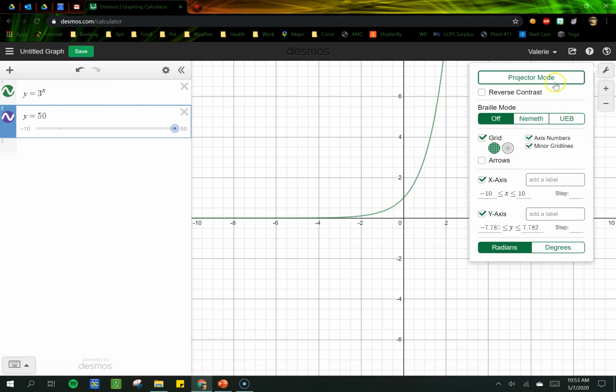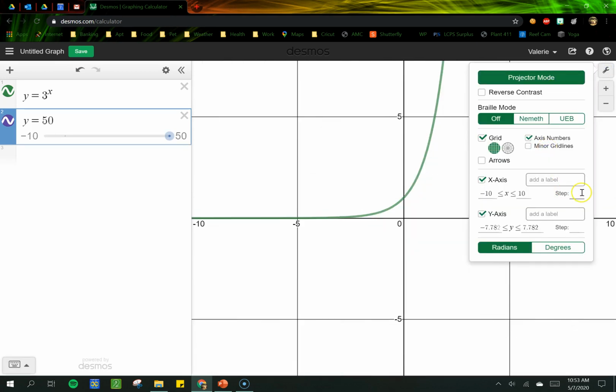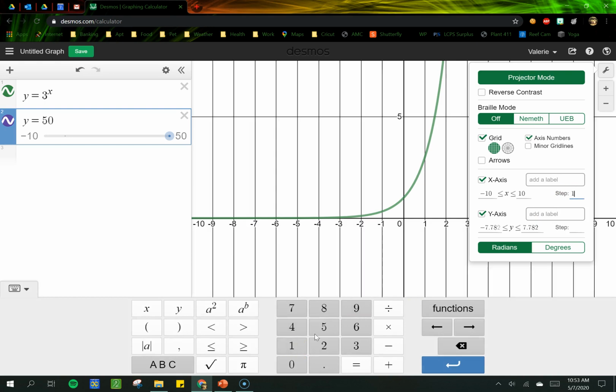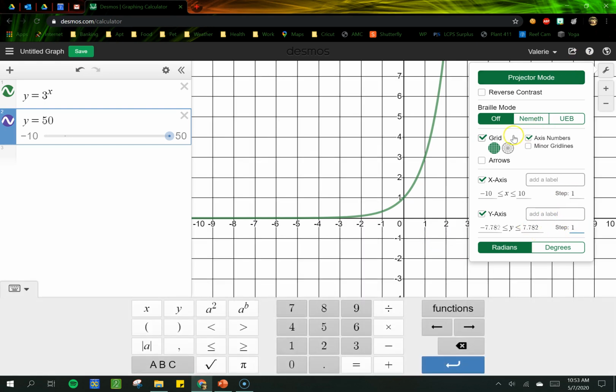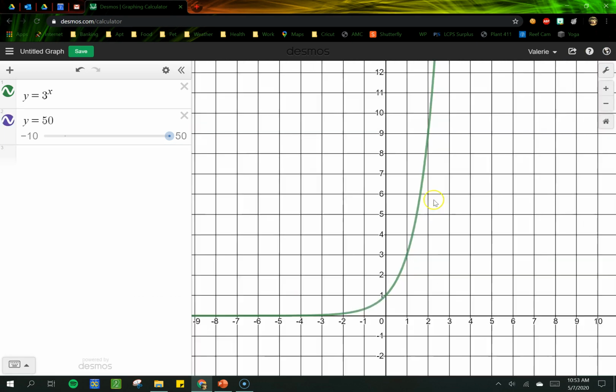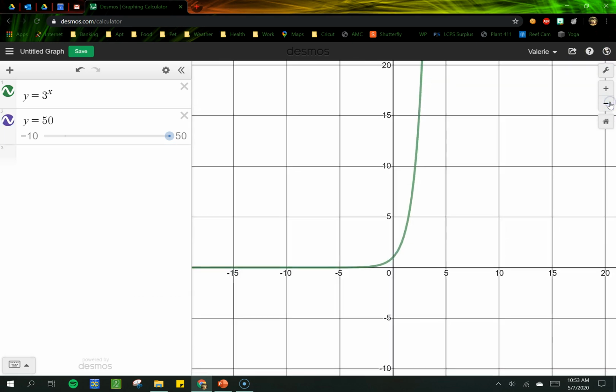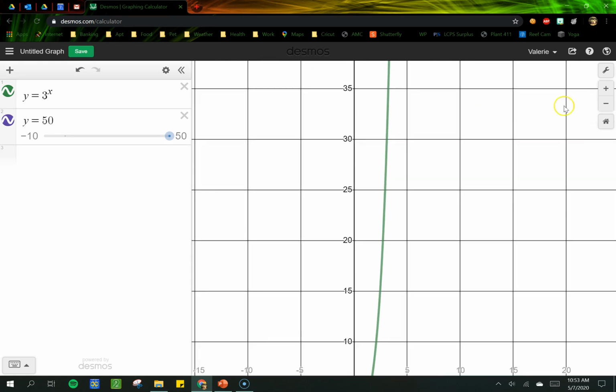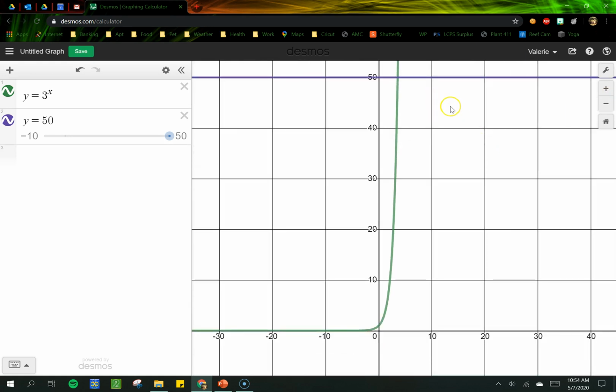Before I do that, I'm going to switch into a mode so it's a little easier to see everything like I normally do. Then you can either drag up or you can zoom out. I'm going to do a little bit of both because I don't want to zoom out too terribly far. Once I get far enough out, I can see my purple and my green lines now. If I click on that point, I can see that x is 3.561.